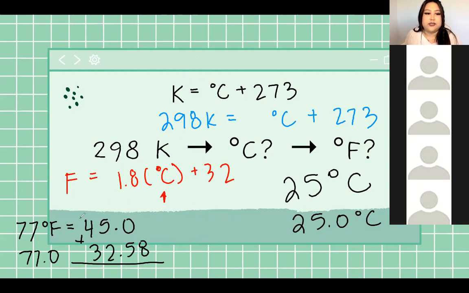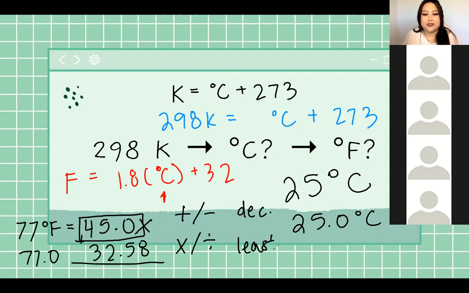It would be 3 sig figs because this has the least amount of decimal spots. For multiplication and division, it is the least amount of sig figs. So plus and minus, look at decimals. And for multiplication and division, it is just the least amount of sig figs. Does that kind of help straighten it out, Oscar?